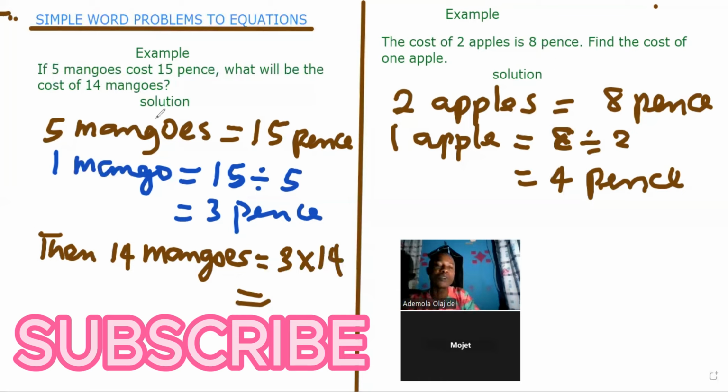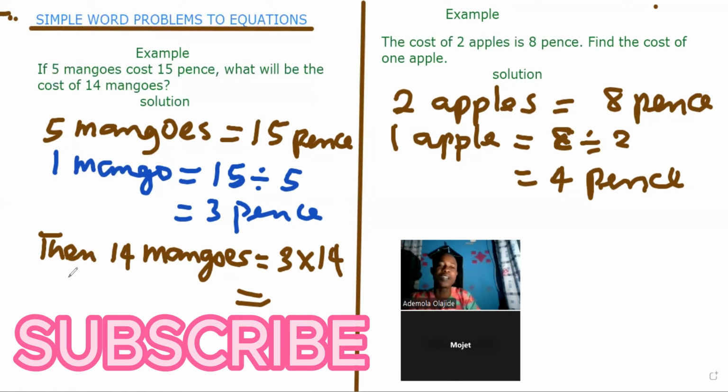But for this one, you are given the value for 5 mangoes. We first got the value for one mango from 5 mangoes. If 5 mangoes go for 15 pence, each mango will go for 15 divided by 5, because each mango will not cost as much as 5 mangoes. So divide to bring the cost down.